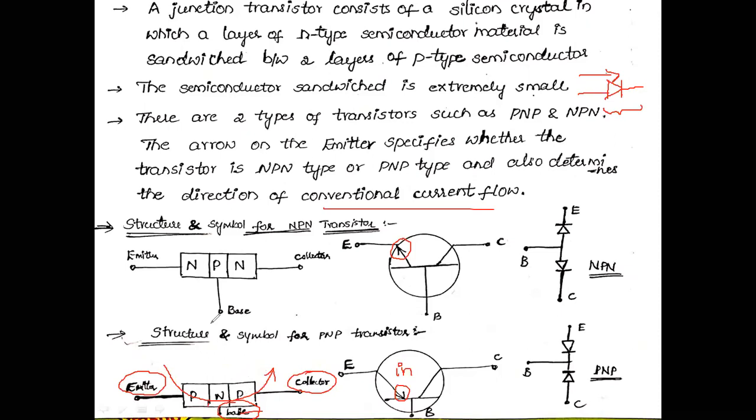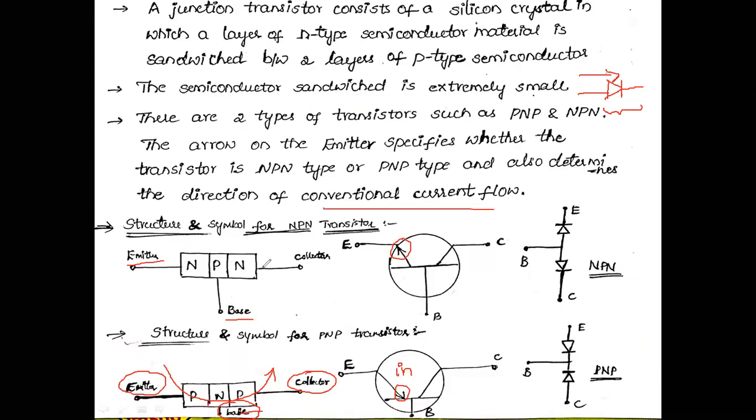Similarly, this is the layered diagram for NPN transistor, that is n-type semiconductor material, p-type semiconductor material and n-type semiconductor material. Similarly, I am going to draw three terminals here. From one n layer, I am going to draw one terminal, that is emitter terminal. From the p layer, another terminal, that is base terminal.